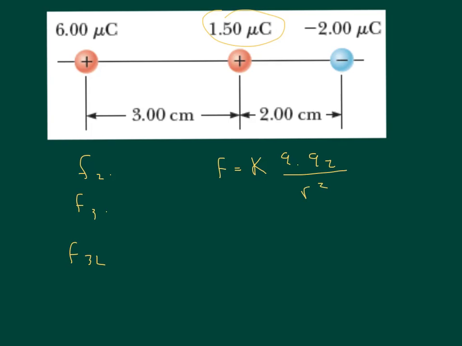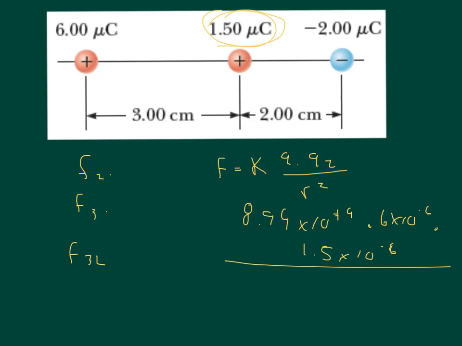And so we have 8.99 times 10 to the positive 9th, I'm sorry, times Q1, which is 6 times 10 to the negative 6th coulombs, multiplied by 1.5 times 10 to the negative 6th coulombs, and we'll divide all of that by 0.03 meters squared.